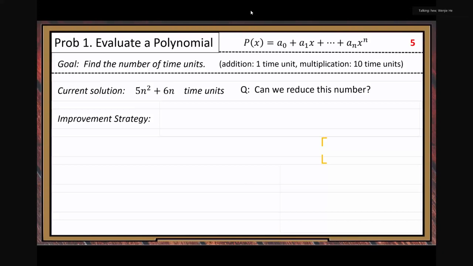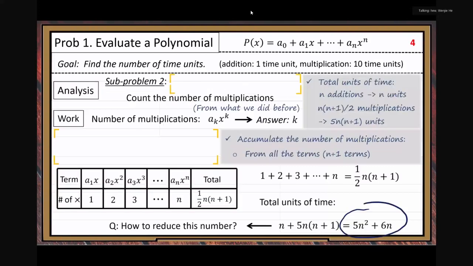So first, let me go back to the previous slide. Look at this one. This is the total cost. Among the total cost, the contribution from the multiplication is this much, and the contribution from addition is this much. Can you see the big difference?